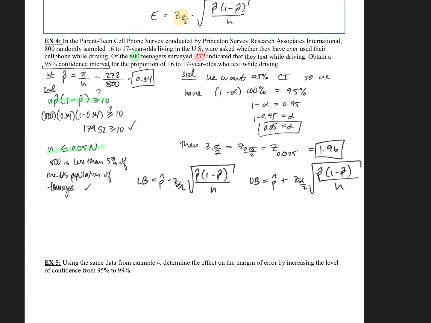Just rewriting the formulas so you guys can see where they are. I'm going to color code this so we know where everything is going. p hat, we're plugging in these places. And then z alpha divided by 2 is going to go there. And we have n, which is going to be our 800. And that is it.